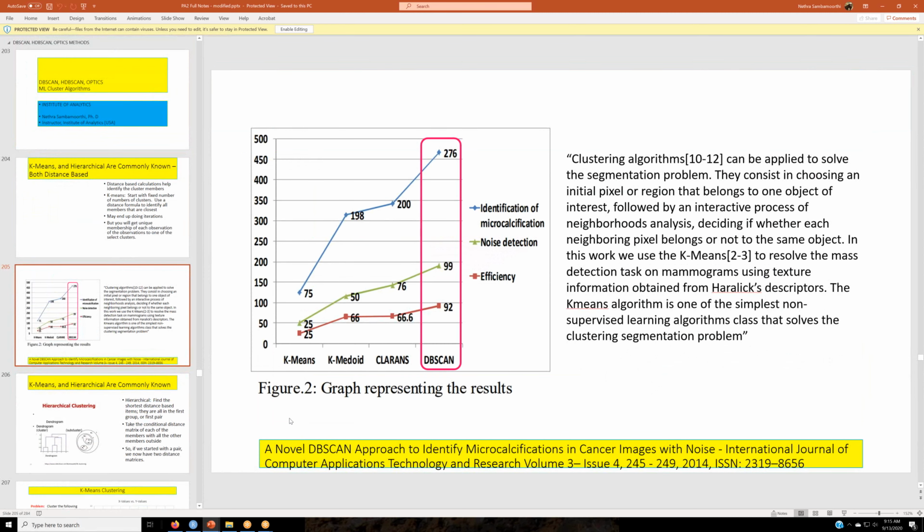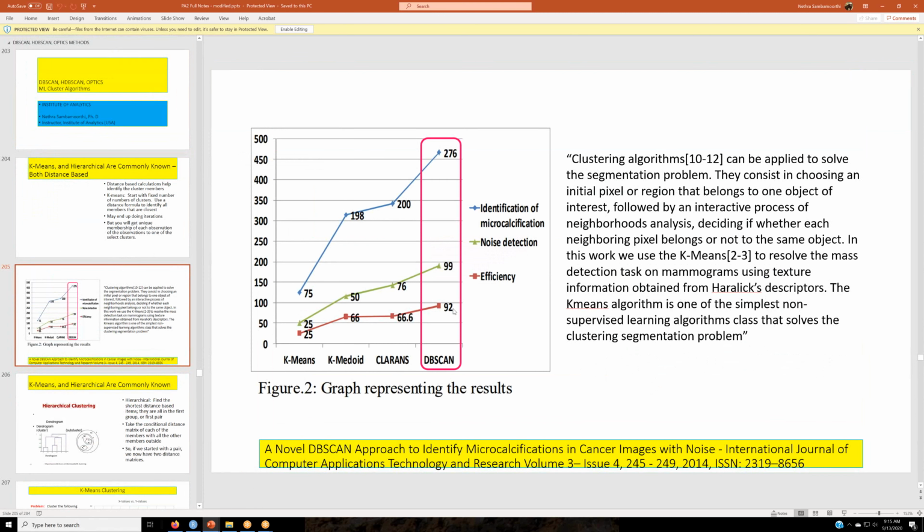So let me go to this example. K-means we saw, right? K-means is using the means. Instead of means, we can also use median. That's what k-medians is. And there's also another method called CLARANS. I didn't teach you, but I'm going to teach DBSCAN.